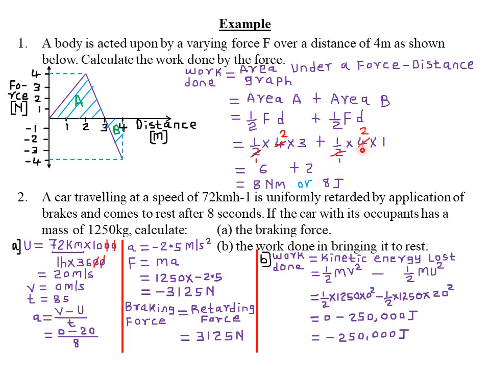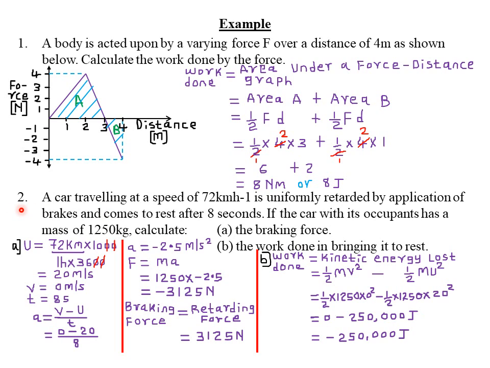That's why I've taken this one as +4 instead of -4. So whenever you are doing questions involving work done, just ignore the negative. We only concentrate on the positive values. So this gives you 6 plus 2, which is 8 Newton meter. But remember, 1 Newton meter is equal to 1 joule. So this can as well be represented as 8 joules.